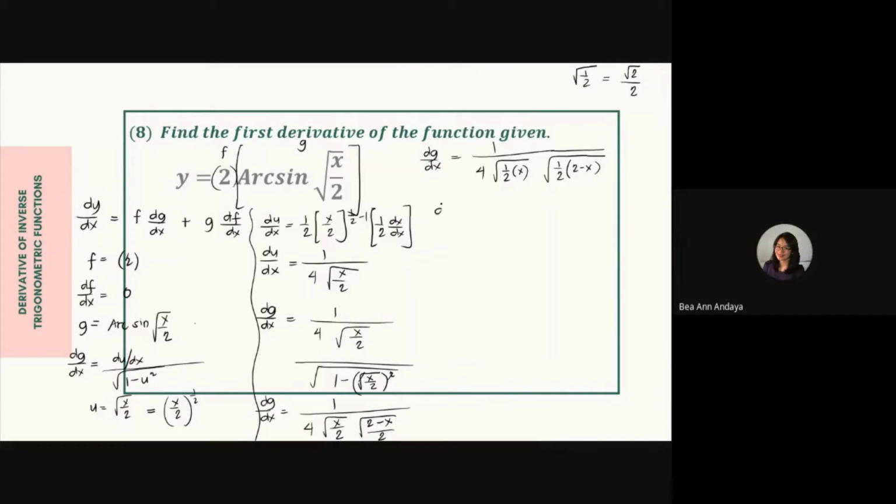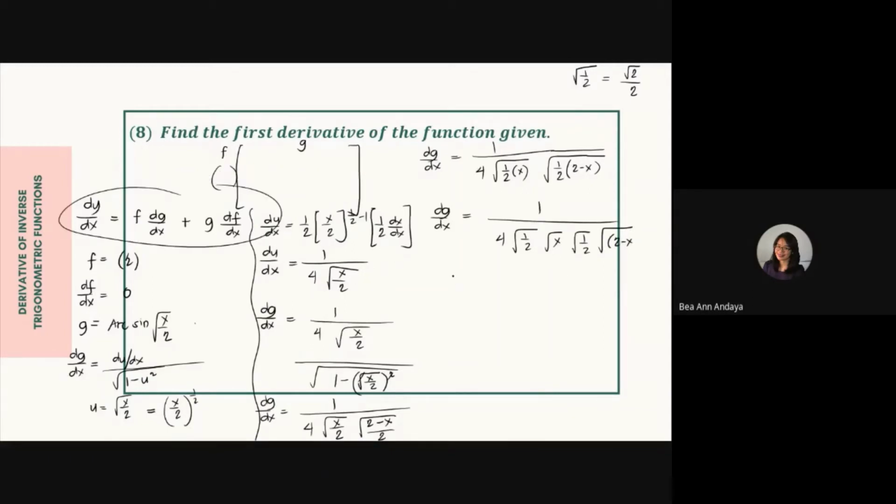So, if you are going to rewrite this dg all over dx, yan ay equivalent sa 1 all over 4. Lalagay ko na yung unang square root, 1/2, and then square root of x. Dito naman, square root of 1/2 and another square root for 2 minus x.